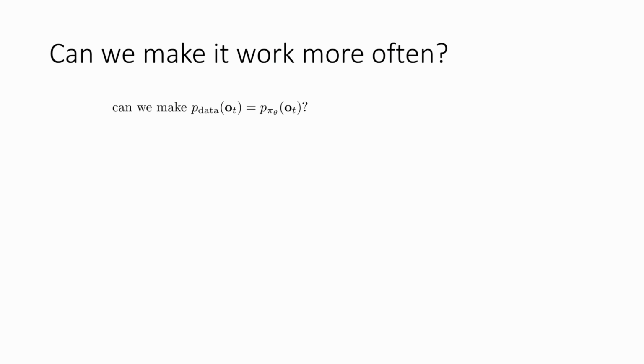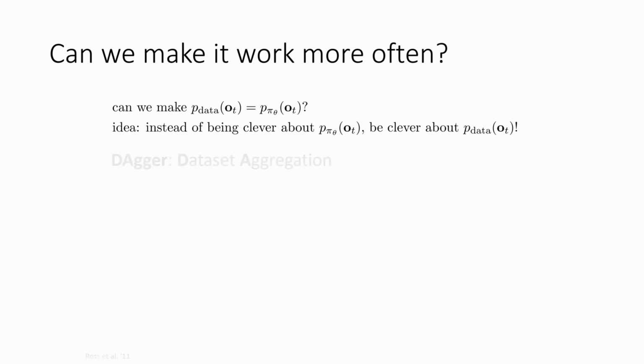So the idea in this algorithm will be that we won't actually change the policy so much as we'll change the data. So instead of being clever about how we train our policy, instead of imposing some constraints on it, let's be clever about how we collect our data. So this is an algorithm called DAGGER, which stands for dataset aggregation.